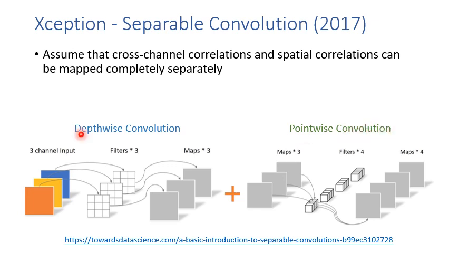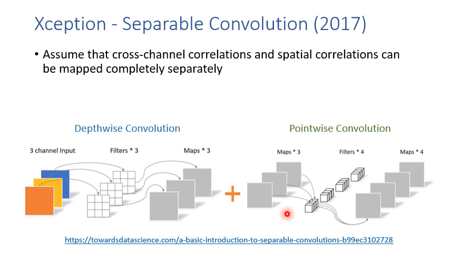So first, the depthwise convolution handles each channel separately. It applies the 2D convolution kernel to each channel independently, and then outputs, for example, 3 feature maps.